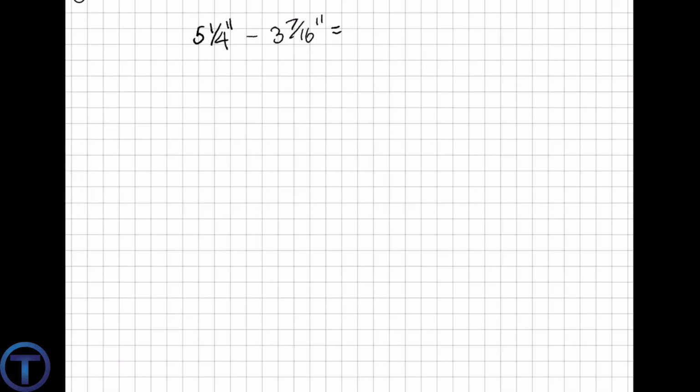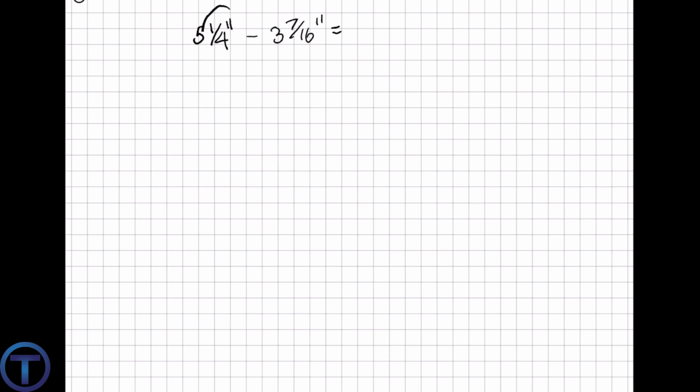All right, let's crunch these fraction measurements as we're trying to figure out the missing piece here in our sample problem. If we have 5 1/4 and we're going to subtract 3 7/16. Well, to subtract fractions, first of all, you need to get them with the same common denominator. That's the part on the bottom of the fraction.